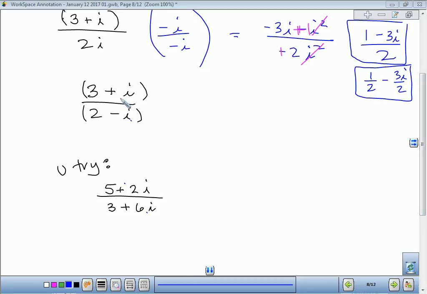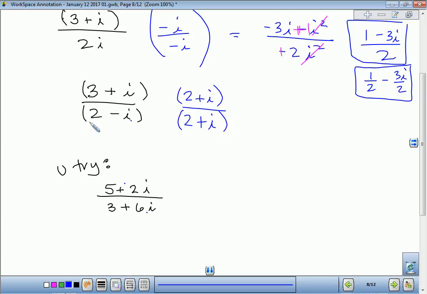Okay, so with this one, it's not just an imaginary number in the denominator, it's actually complex. It has a real part and it has an imaginary part. And this is where the conjugate really comes into play, because when we multiply by the conjugate of the denominator, it eliminates any imaginary part from the denominator.